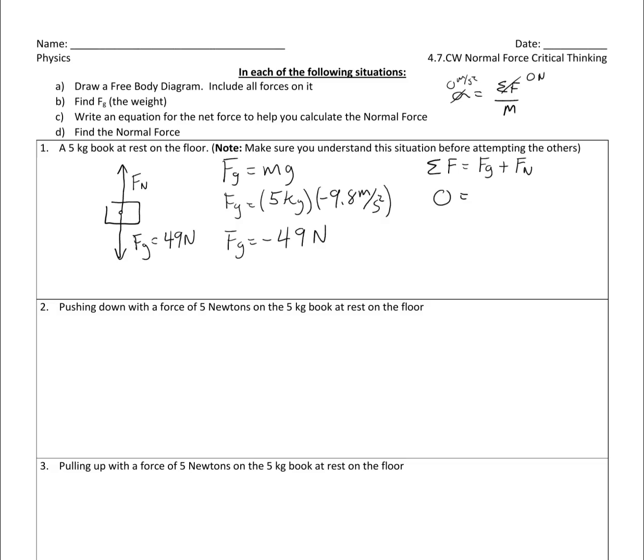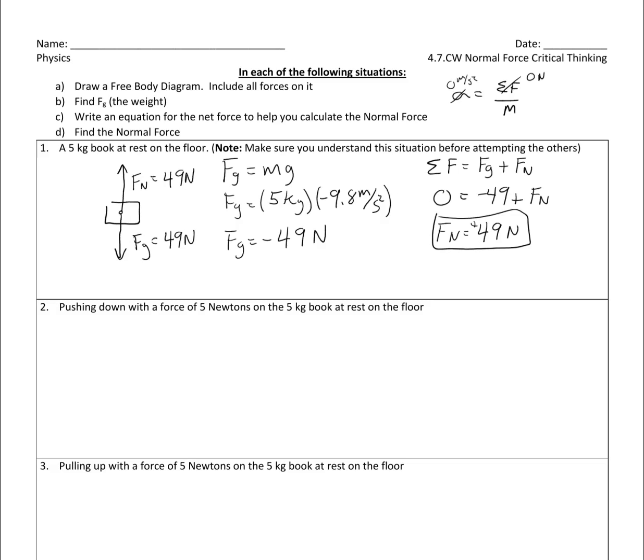The weight is 49 newtons down, negative 49, plus the normal force. So you add 49 newtons to both sides, and you get a normal force of positive 49 newtons. The math checks out. You get a positive number because it's going in the positive direction.